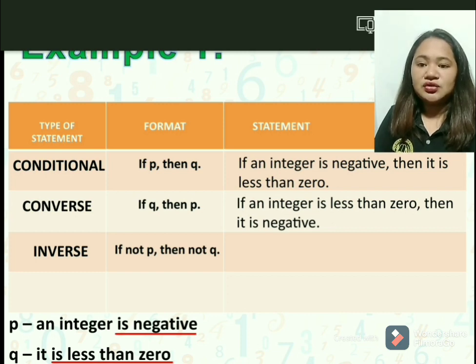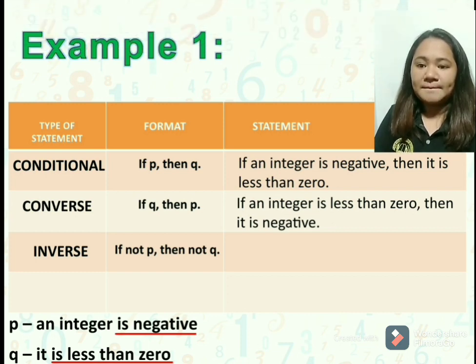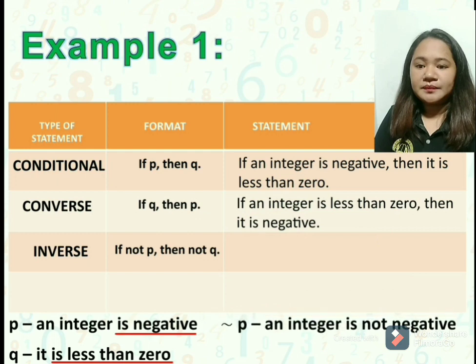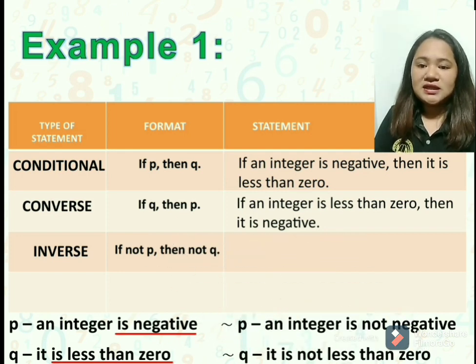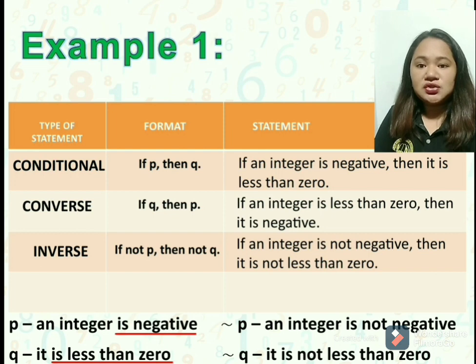So, the negation of P is, an integer is not negative. And the negation of Q is, it is not less than 0. So, our inverse statement is, if an integer is not negative, then it is not less than 0.